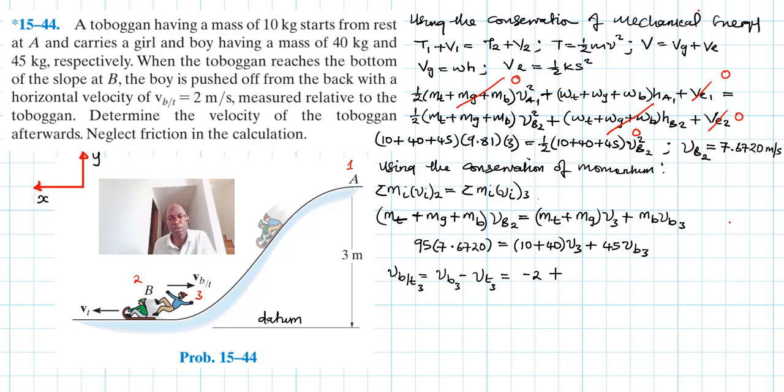In our case, VT3 is just equal to V3. Therefore, VB3 is just going to be equal to V3 minus 2.